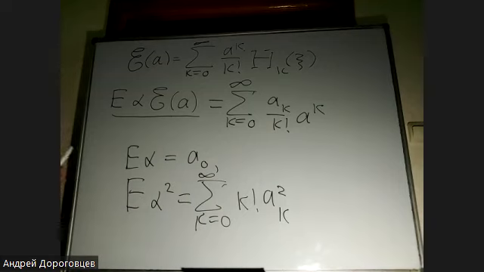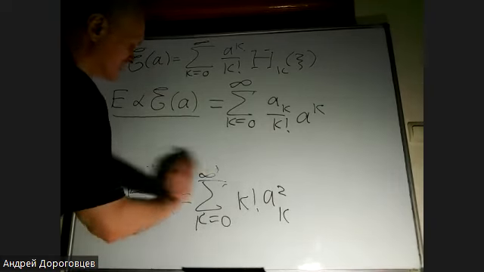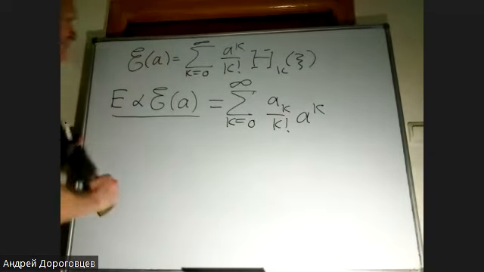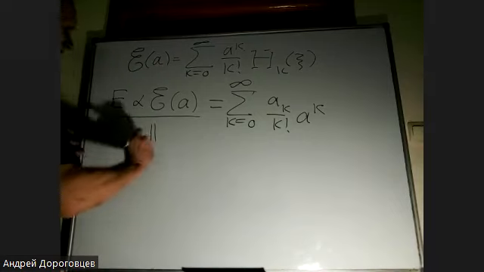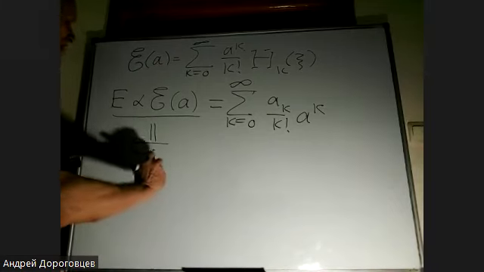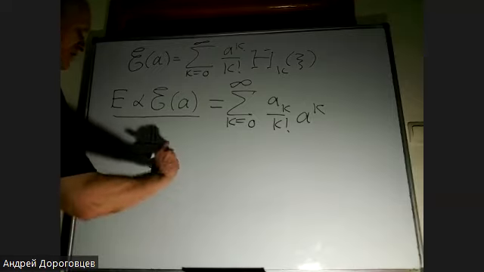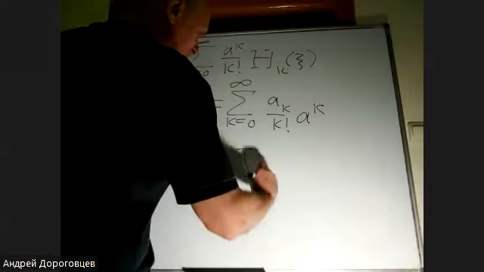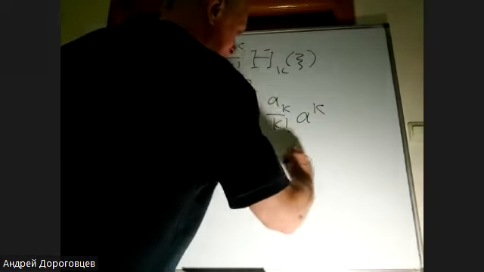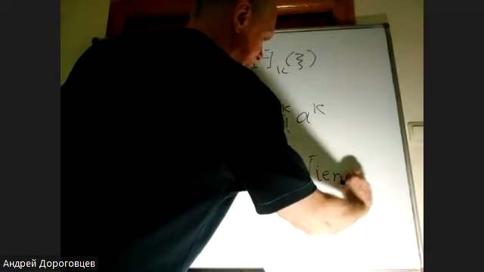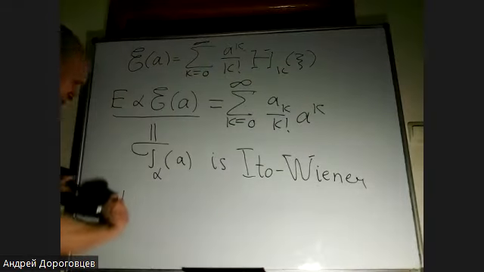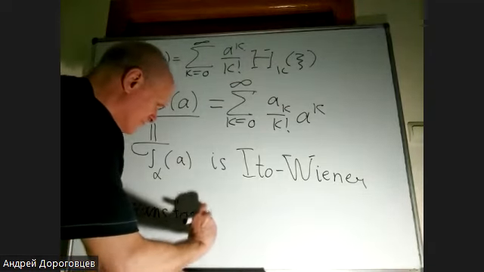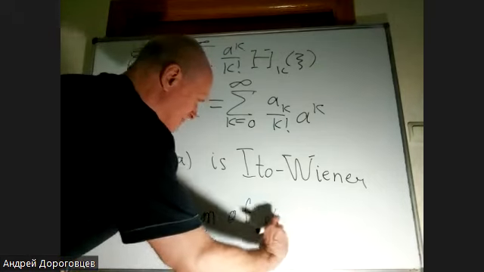From this point of view, sometimes it is good to have a name for such a transformation, and this transformation tau alpha from A is the Ito Wiener transform of alpha.